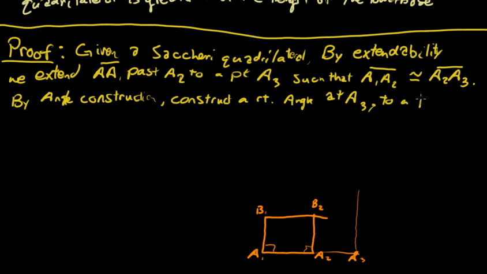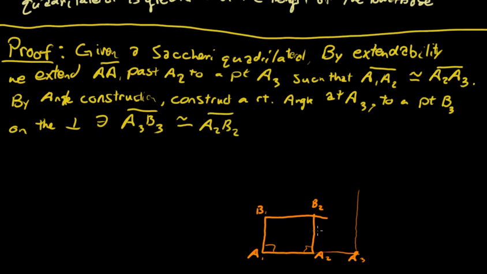To a point B sub 3 on the perpendicular such that we want the segment A sub 3, B sub 3 to be congruent to the segment A sub 2, B sub 2.